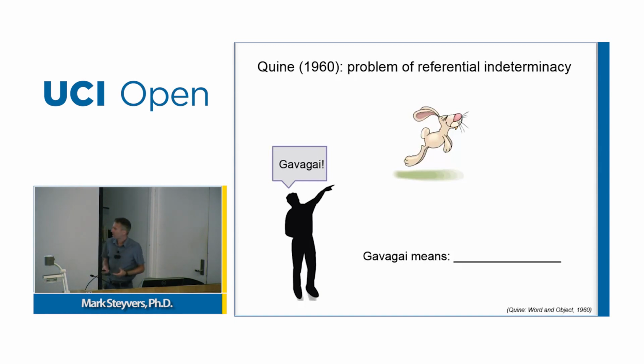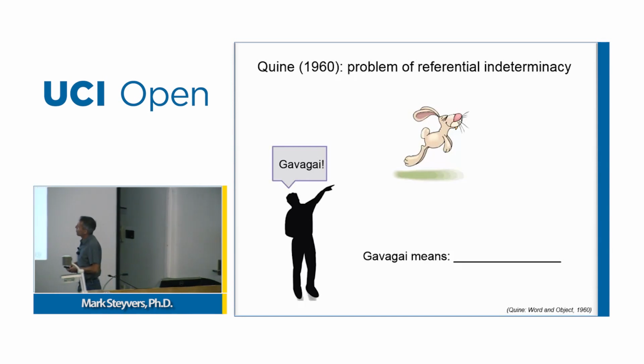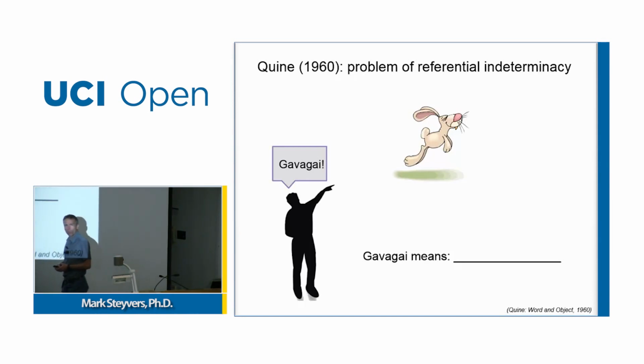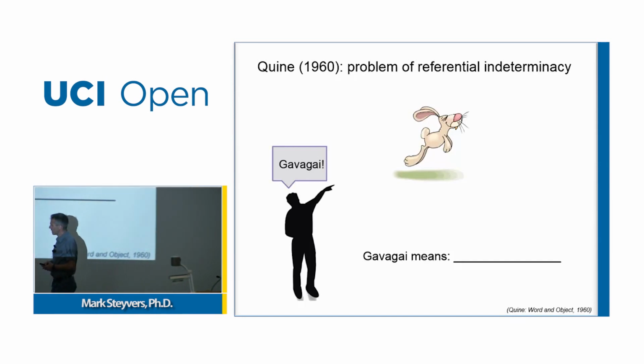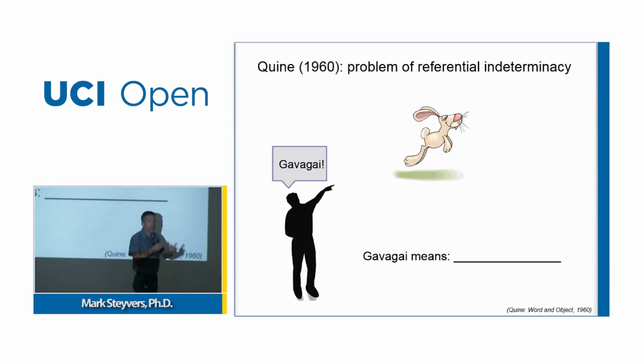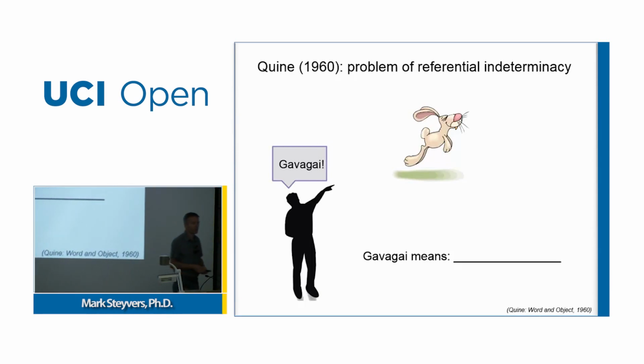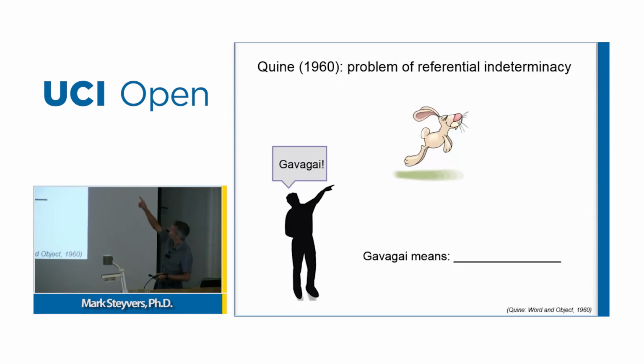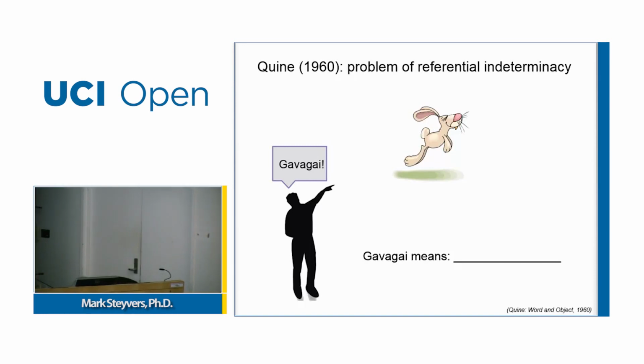Basically, it's another way of saying that it's very difficult to figure out what words refer to, because there's an infinite number of possibilities when somebody mentions a word in a specific context. Quine's famous example is when a person points to a bunny that's hopping on a field and says, "Gavagai."